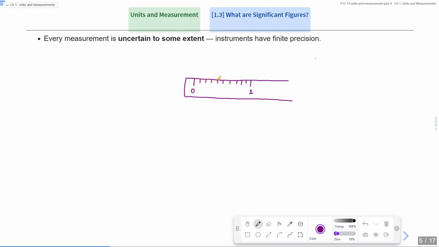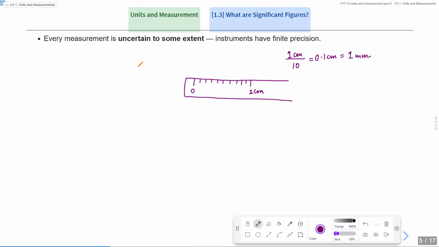So 1, 2, 3, 4, 5, 6, 7, 8, 9, 10. 10 divisions are there. So this is 1 centimeter. So one division is 1 centimeter upon 10, that is 0.1 centimeter, or we can say 1 millimeter.